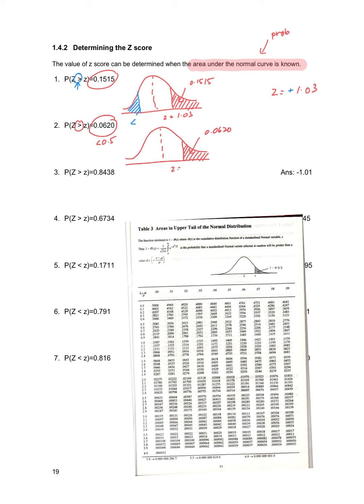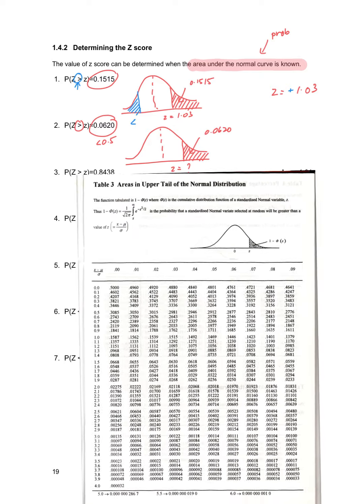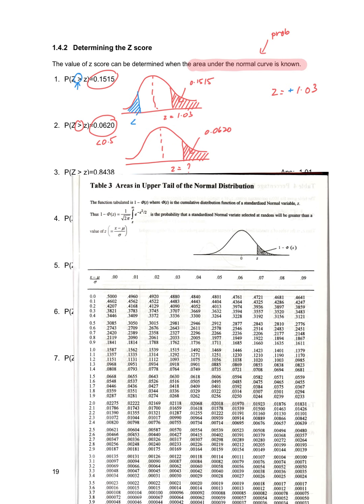So we want to know what is the value of Z. So you refer to the table. Cari 0.062 dekat dalam table di mana? It should be here, antara 0.0618 and 0.0606.